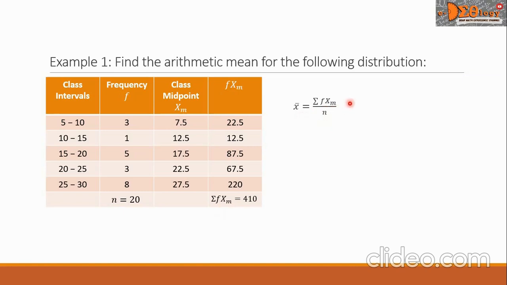So these values we will collect from our table. And this value will be our numerator, that is the 410, and the n is coming from the summation of the frequency. So we have 410 divided by 20, and that is 20.5. This is the mean. This is our final answer.